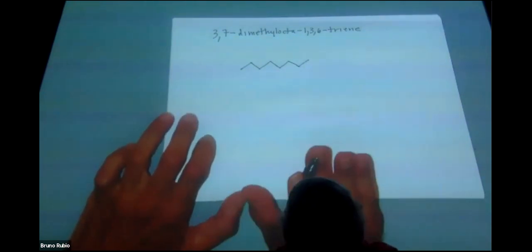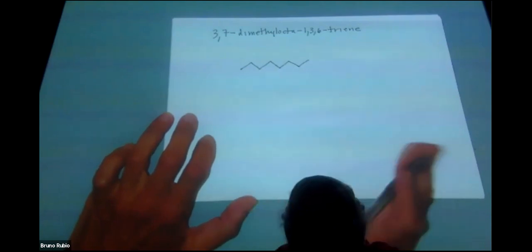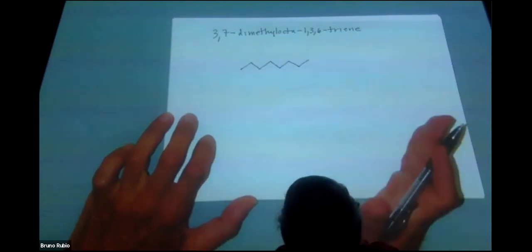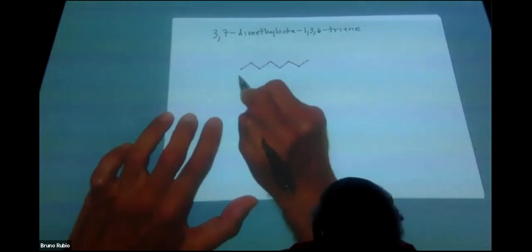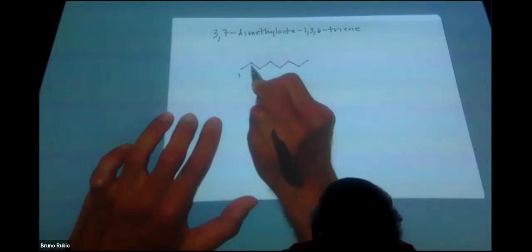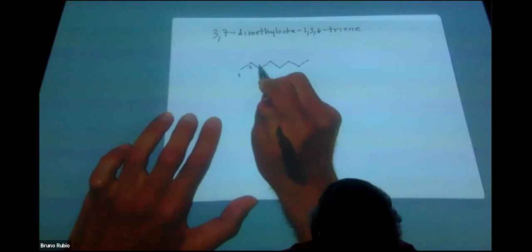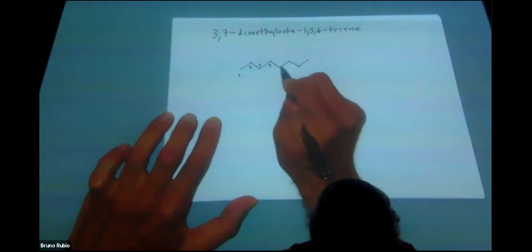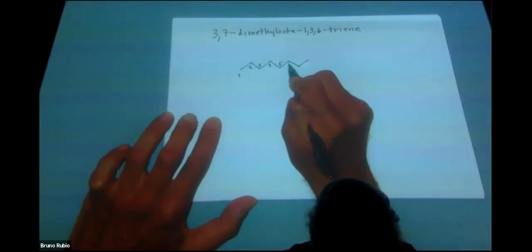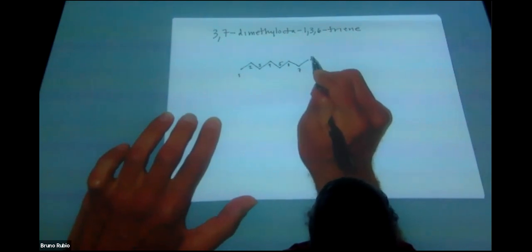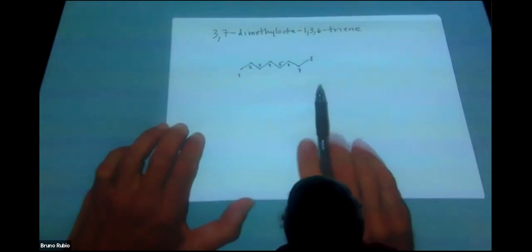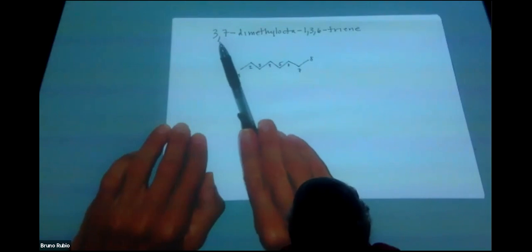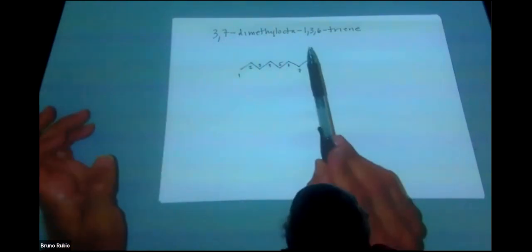I have to start numbering the carbons, and I can start on the left or on the right. It doesn't matter. I'm going to start over here. 1, 2, 3, 4, 5, 6, 7, 8. Okay, and so now this is saying 3,7-dimethyl. Also, here we see that pattern again.